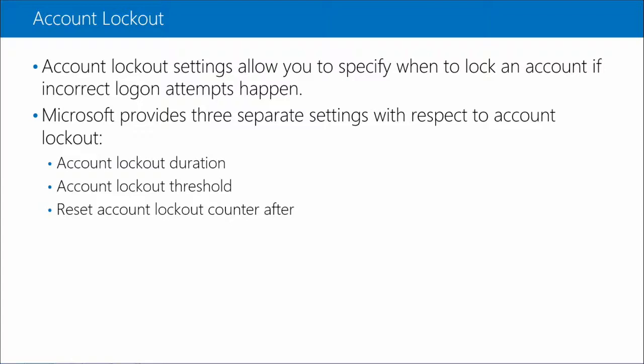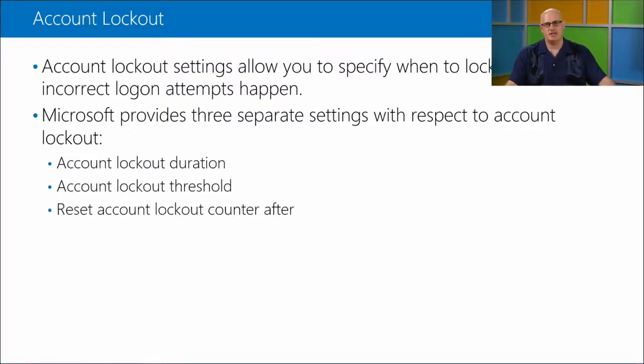After so many failed attempts that can be set, account lockout threshold, reset account lockout counter after. So these are settings that say, hey, this is how the account is going to get locked. After so many incorrect login attempts, your lockout duration is what? 10 minutes, an hour, 4 hours, whatever. Again, dependent on your environment.